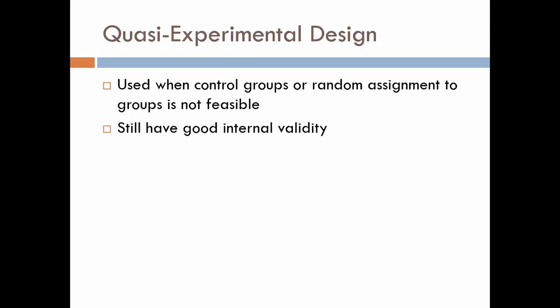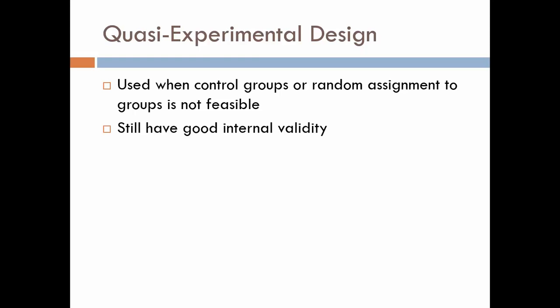Okay, then there's quasi-experimental design. A quasi-experimental design is used when control groups or random assignment isn't feasible, but it still has pretty good internal validity.